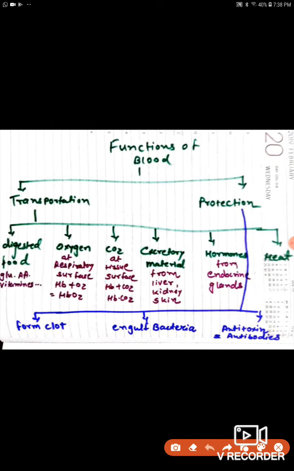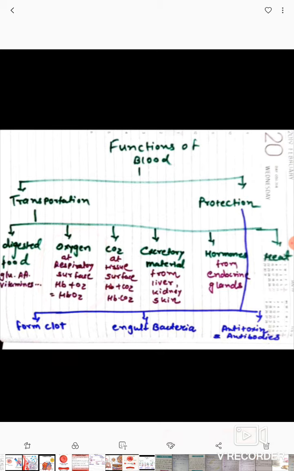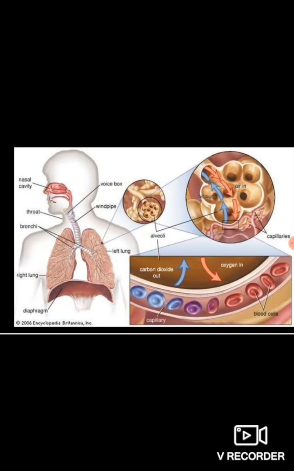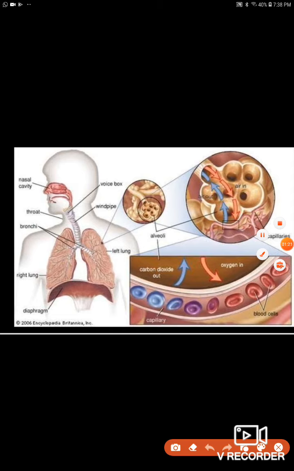Next is the transportation of oxygen. This occurs at the respiratory surface. Now, what is the respiratory surface and the tissue surface? You have already learned this in your 9th standard. When we take air in through the nostrils and nose, it goes into the lungs, and in the lungs we have alveoli.